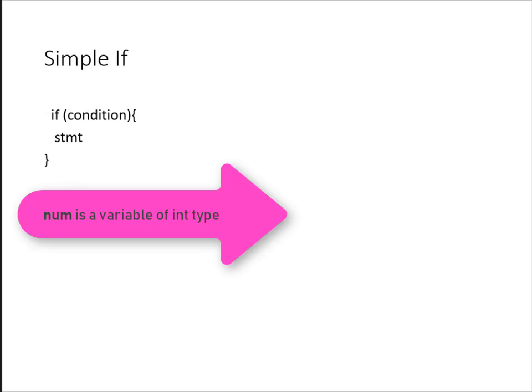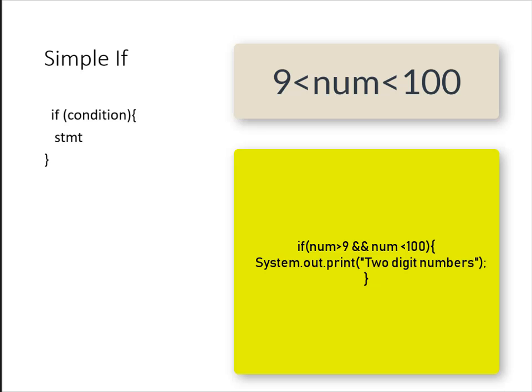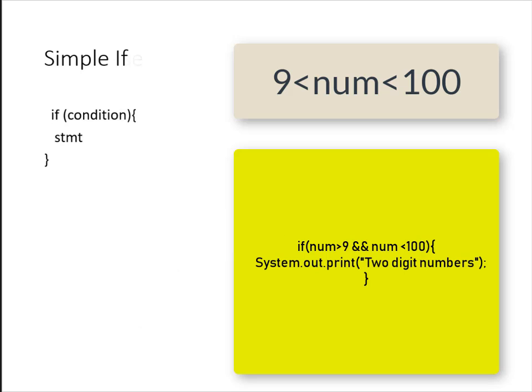Consider num is a variable of integer type. Now I want to cross check the condition as follows. If the given value of num is greater than 9 and less than 100, we can print the success message that it is a 2-digit number.